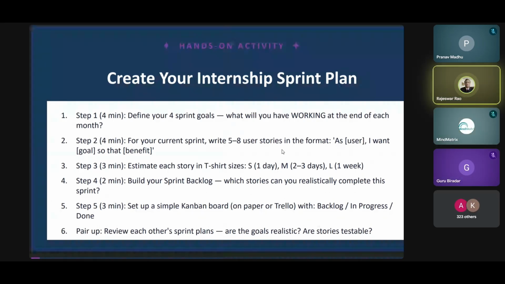So these are the 5 steps I would recommend to follow for each one of you, and then come up with a sprint plan, not only at a sprint level, but also for an entire project level. So your entire project is driven by an agile methodology, following the principles of agile. Break down the entire project into 6 to 8 sprints, and then every sprint to a day-to-day level.